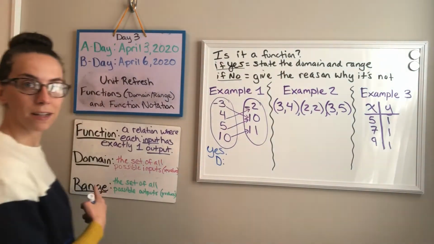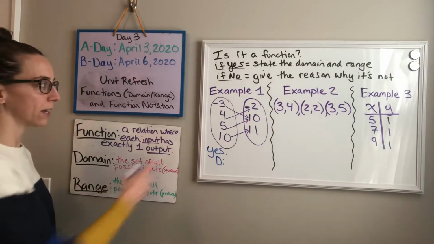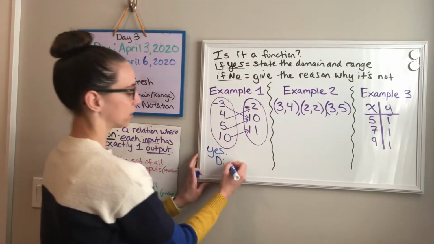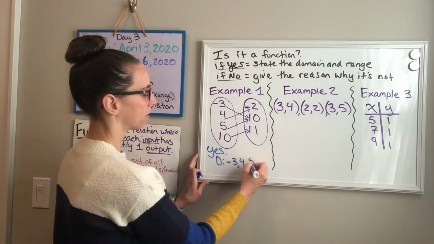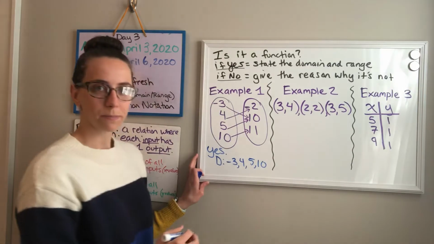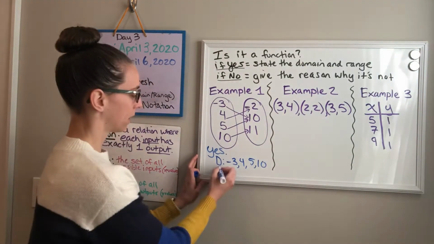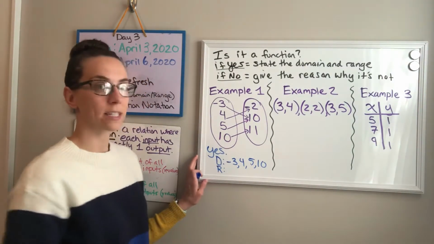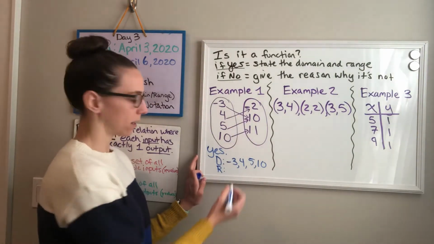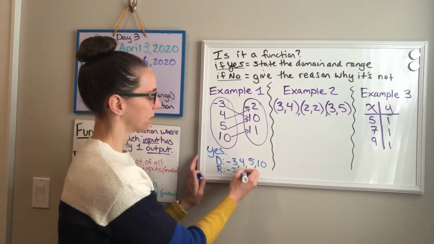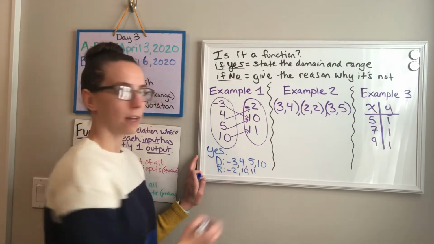Don't forget, domain, the set of all the possible X values, all the first values. So -3 is used in our domain. 4, 5, and 10. So that makes up our domain. Our range would be the set of all the possible Y values. Coming from the second oval, we have -2, 10, and 11.